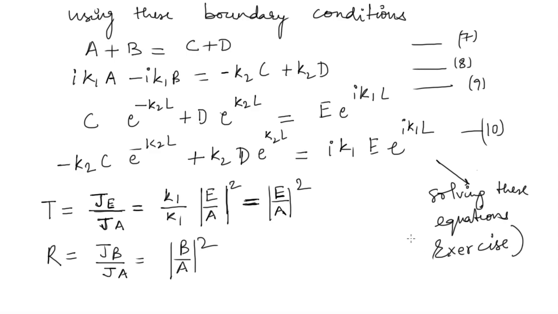Exercise. I don't want to indulge in these mathematical steps, though they are very important. But I would like to emphasize the physics from the final result. From these four equations, I would get T as (E by A)* into (E by A).